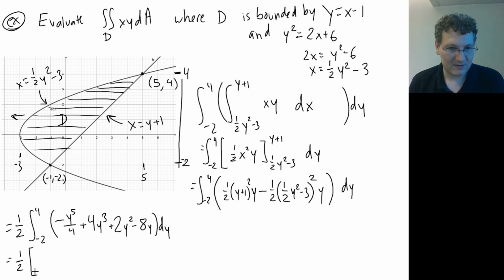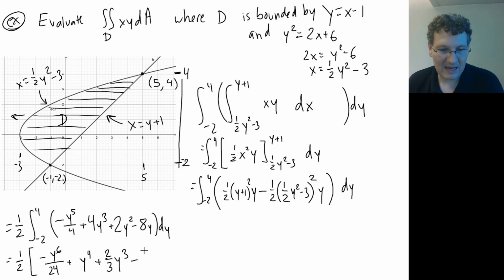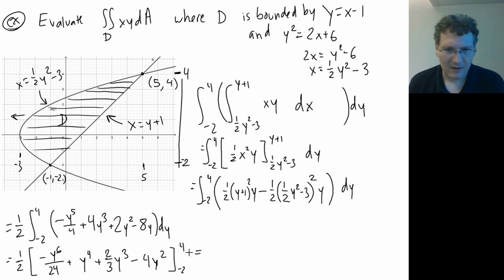So we have 1/2 times negative y to the 6th over 4 times 6, which is 24, plus 4y to the 4th over 4, well, that's just y to the 4th, plus 2/3 y to the 3rd, minus 8 over 2, that's going to be 4y squared, from negative 2 up to 4. Just take your time and work that out, you're going to get 36.